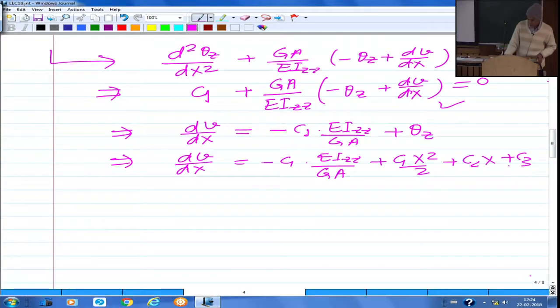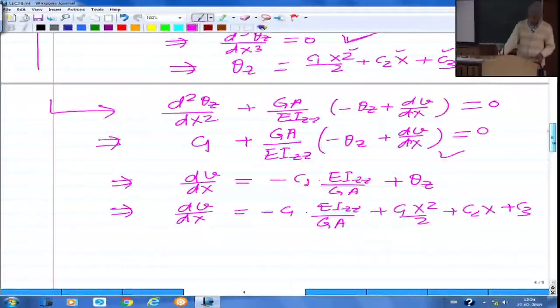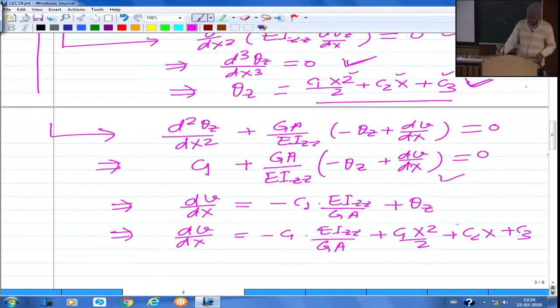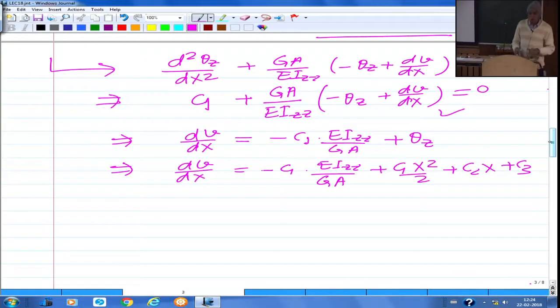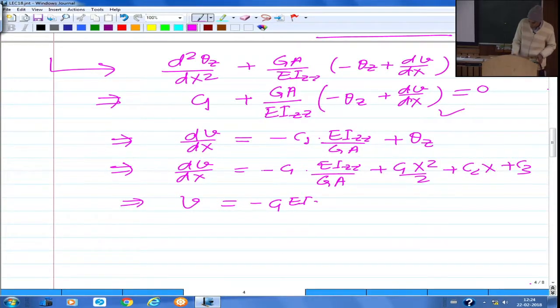I have substituted that here, and now you can integrate it once again with respect to x. So you get V is equal to, now this term will give you minus C1 into EIzz upon GA into x, plus C1 x cube by 6 plus C2 x square by 2 plus C3 x plus C4.